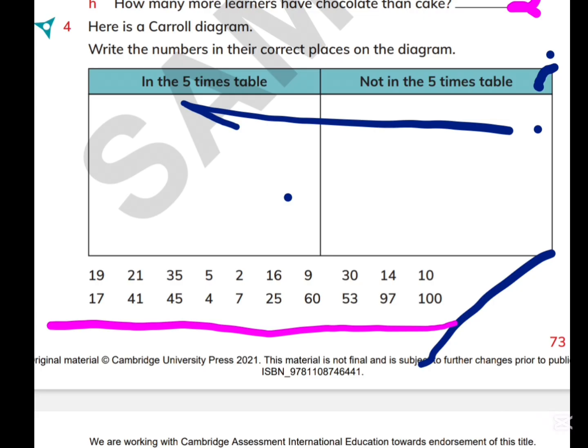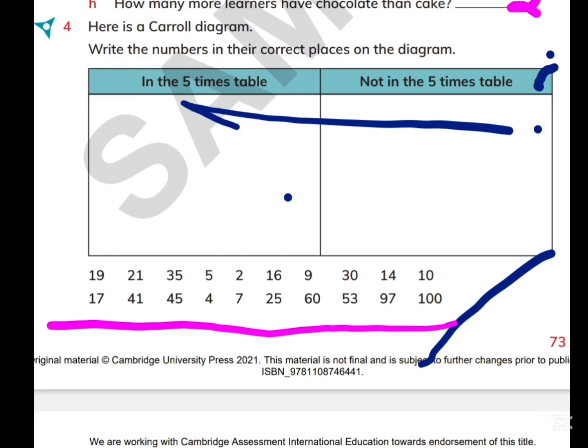You have to see these numbers and write them here in the 5 times table, not in the 5 times table. Okay, is 19 in the 5 times table? No. I'm choosing two different colors so that you will write. I'm choosing red for the 5 times table and another color for the not 5 times table.